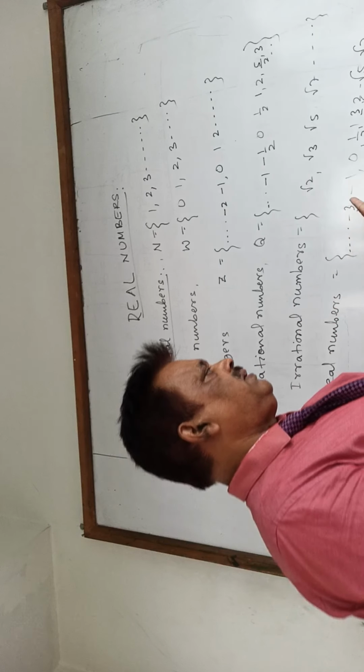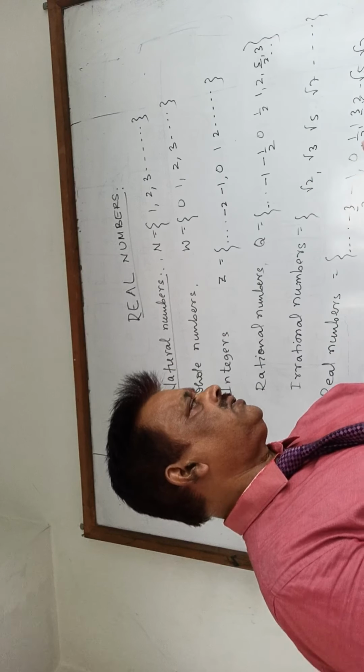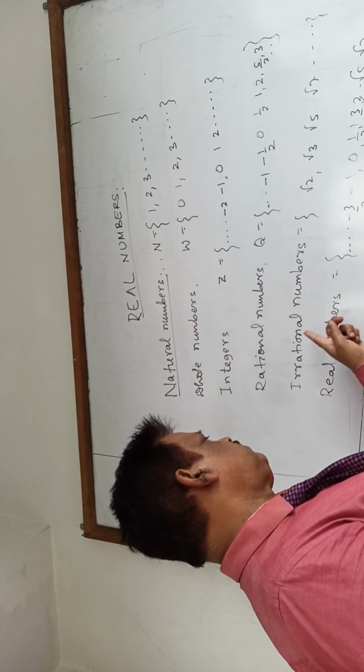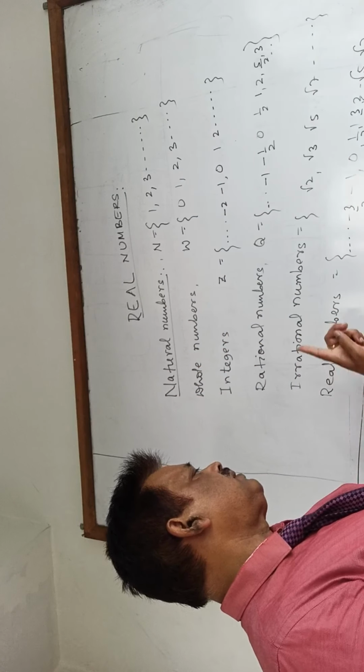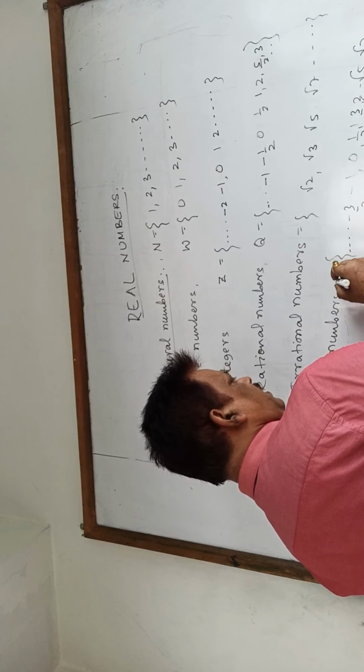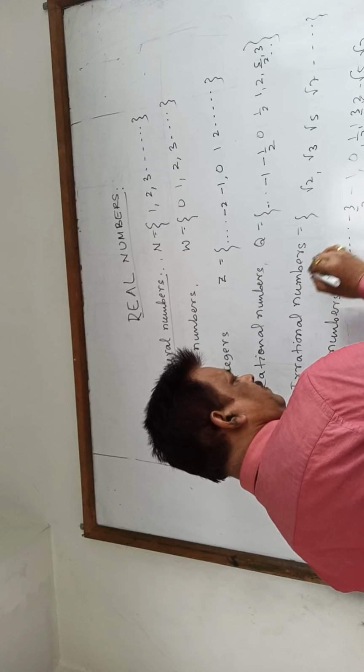All the negative integers, negative fractions, and irrational numbers whose square root cannot be found out, when they are combined they are called real numbers, symbolized as R.